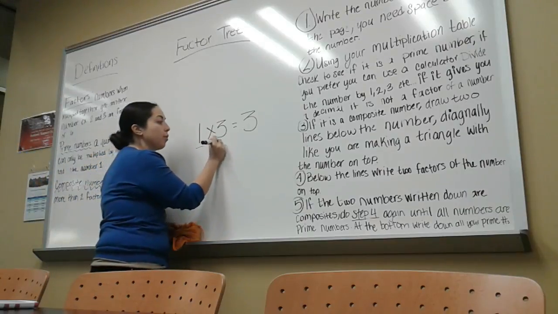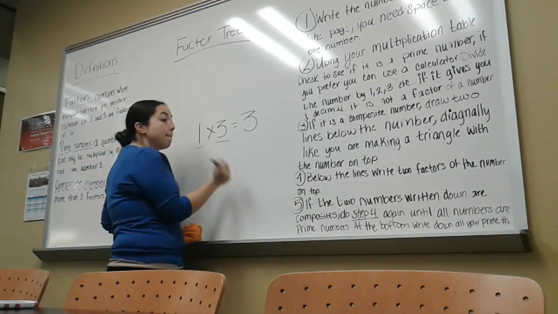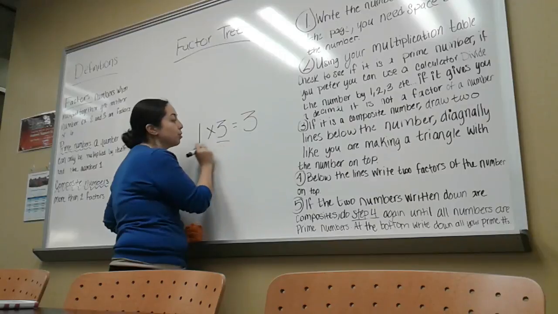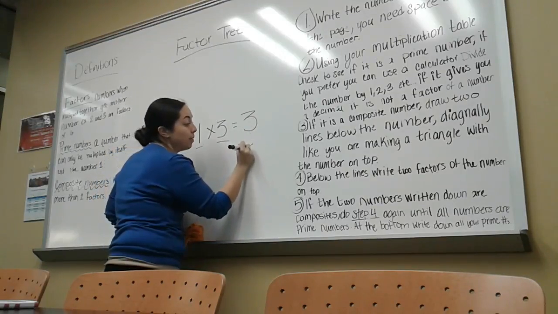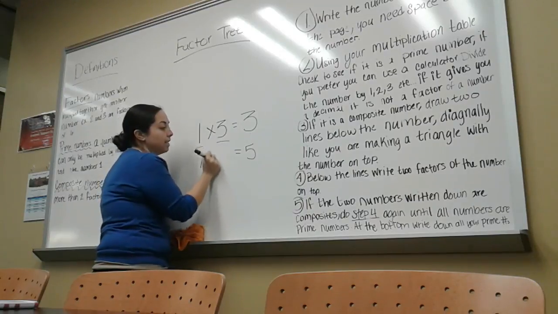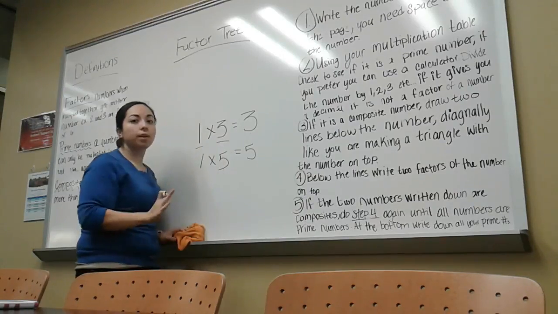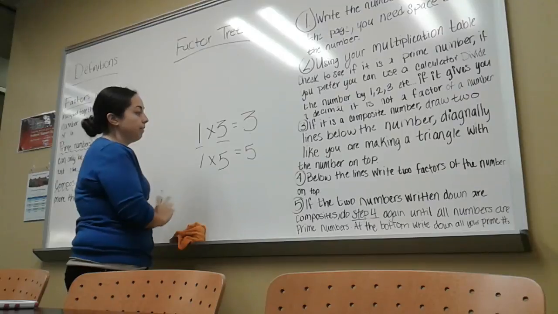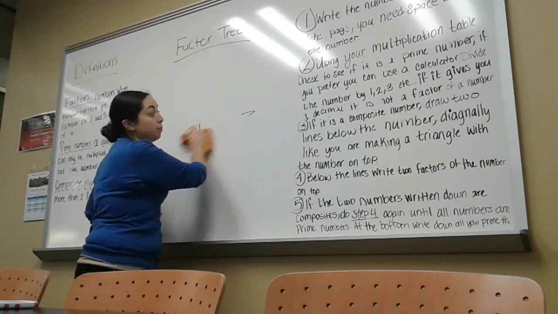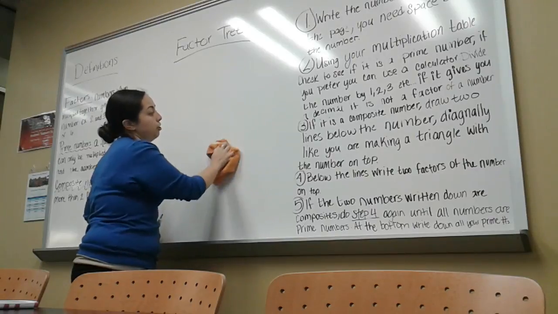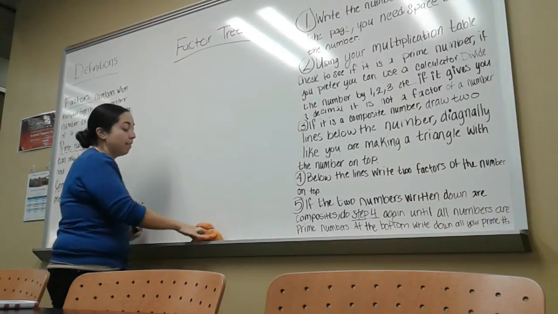So 1 and 3 are factors of 3, but it is a prime number because those are the only numbers that will give you the number 3. Another number would be the number 5 because 1 times 5 gives you 5, but no other numbers will give you the number 5. Okay. These are terms that we are going to need to know to do our factor tree. So let's make sure we write them down in our math journals, okay?